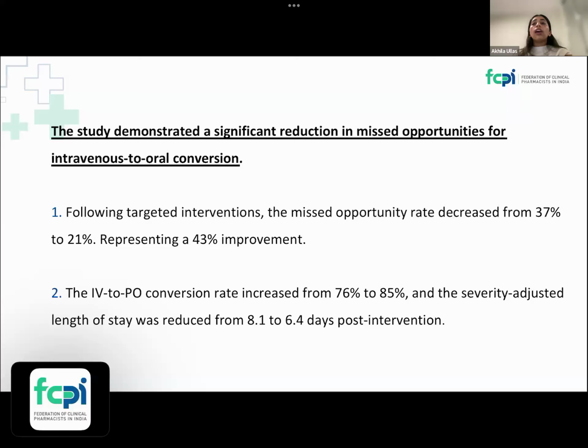So this area is the main thing we as clinical pharmacists can focus on. This study indicates the opportunities for clinical pharmacist interventions, and how they affect the patient's clinical status and therapeutic outcomes.